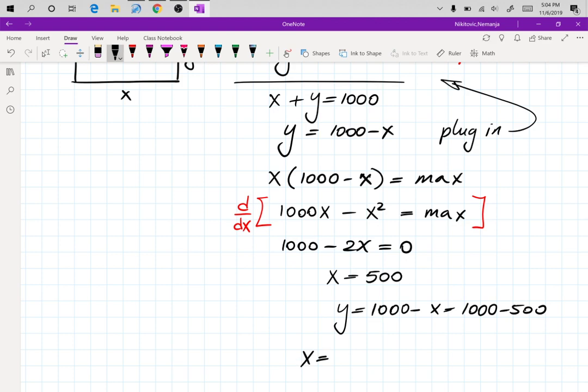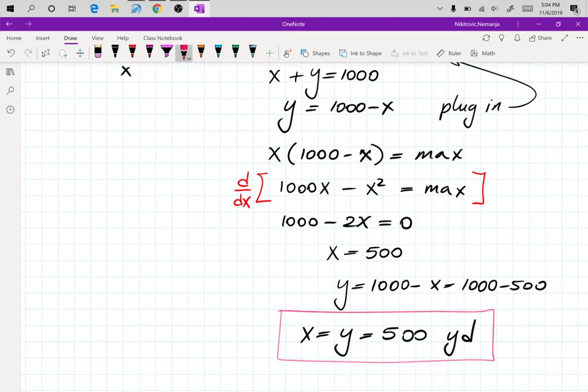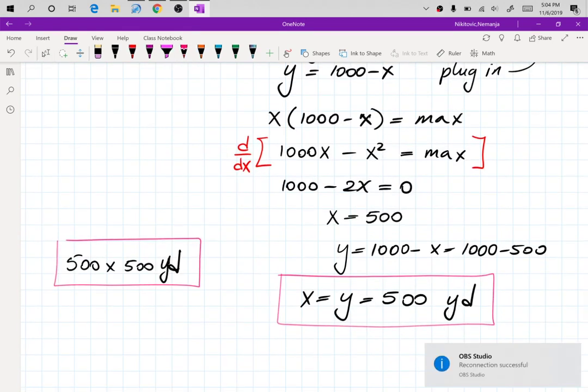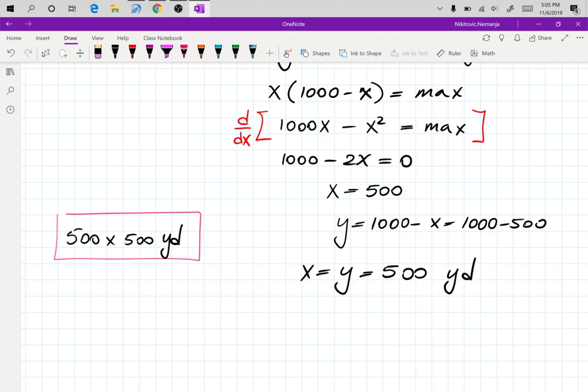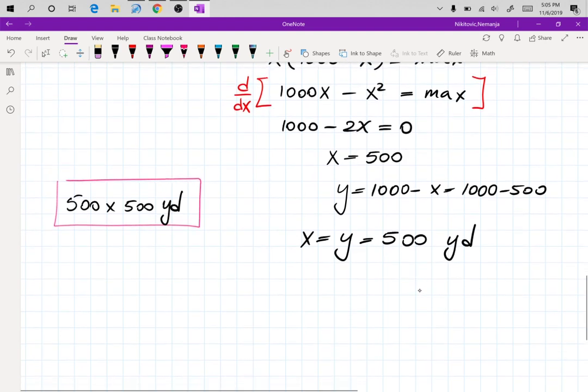So we get x equals y equals 500 yards. That's our answer. Good.